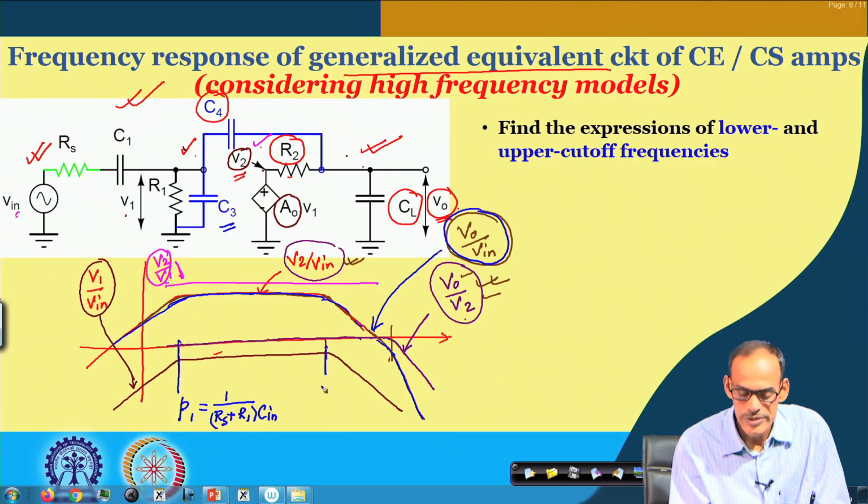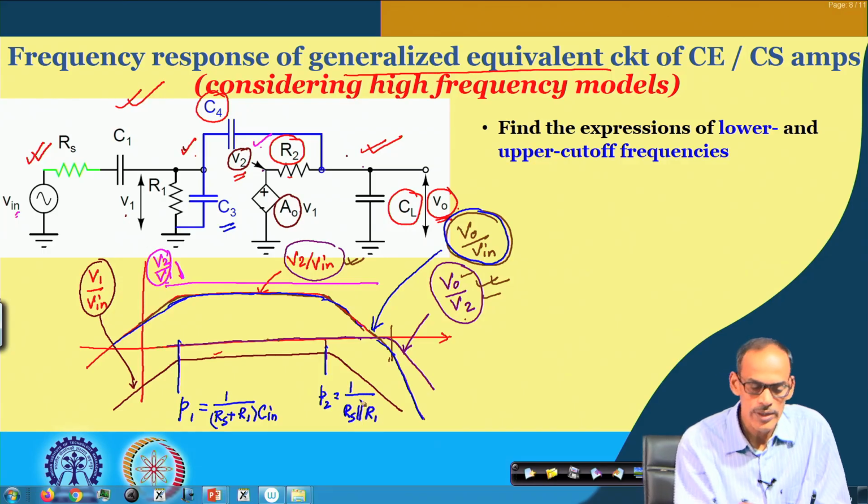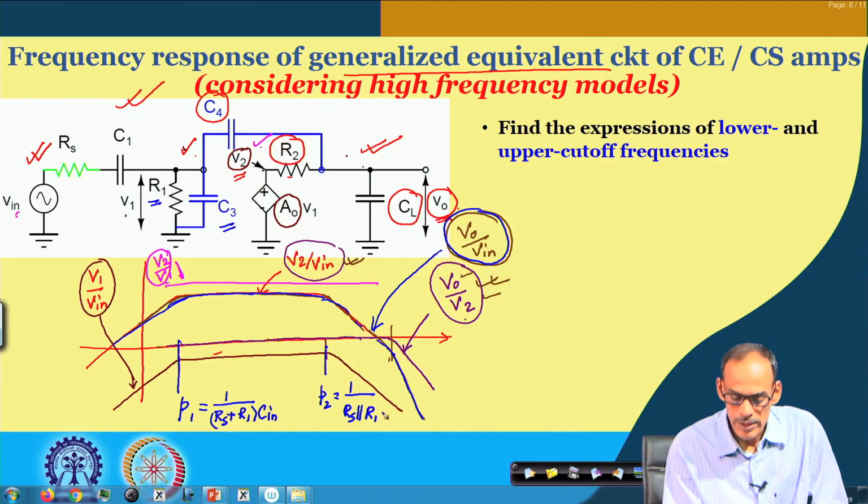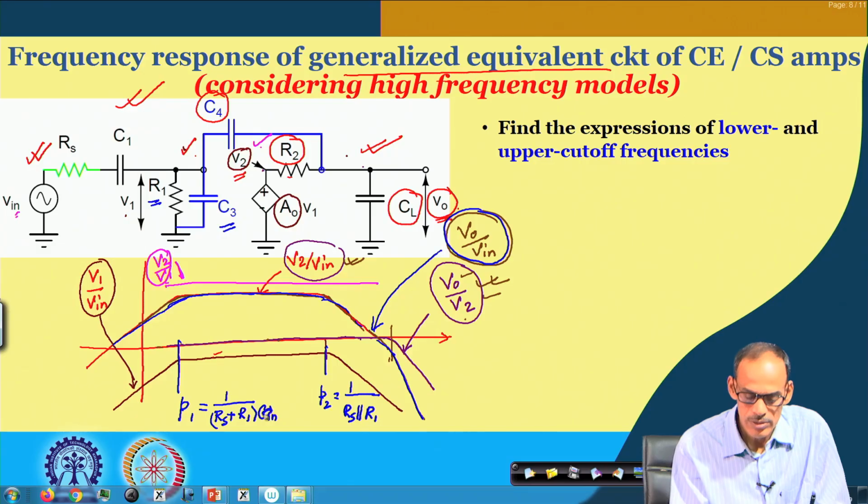This pole we say is P 2, which is R S in parallel with this R 1, earlier we used to say that this is R in, multiplied by, sorry, this is not C in, this is rather C 1, and here we do have the C in.